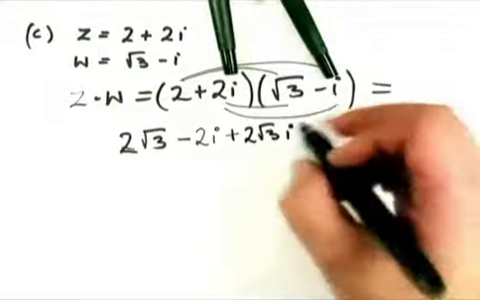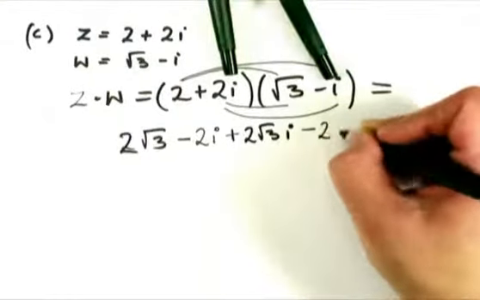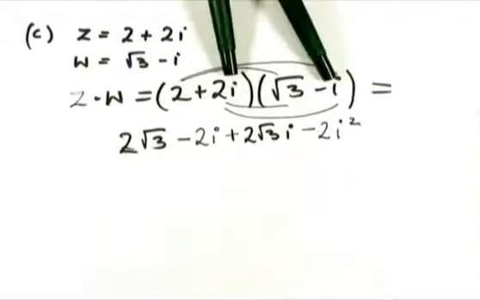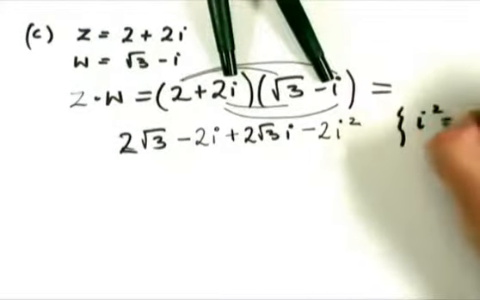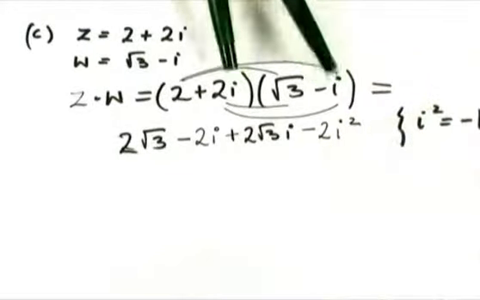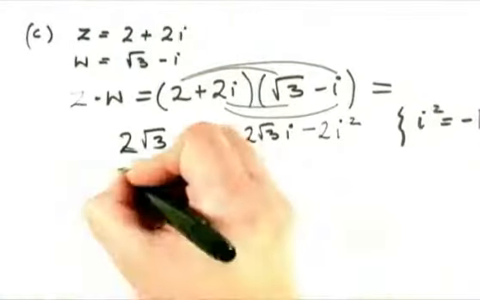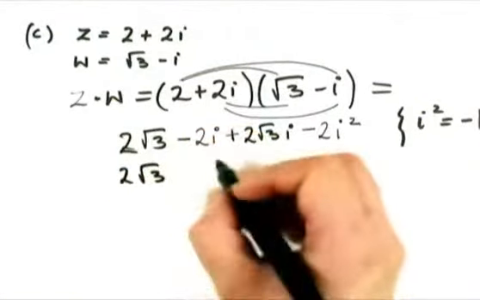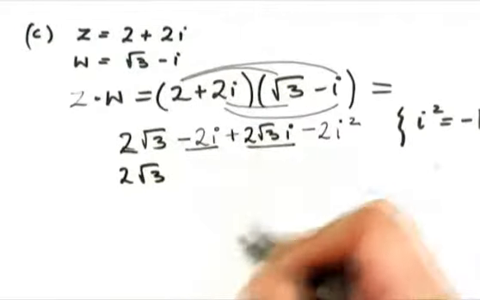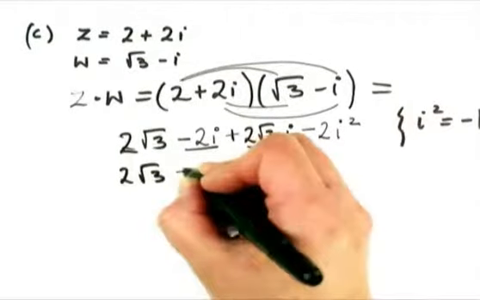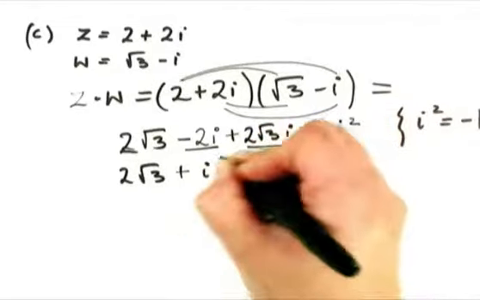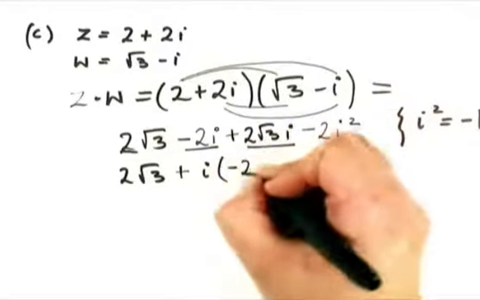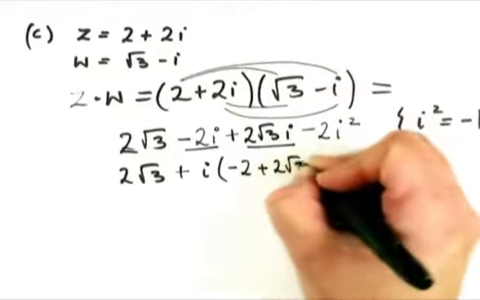So we have minus 2, and i times i is i squared. But now we know that i squared is negative 1, so we need to substitute this. So 2 root 3. From those two we can factor i out. So we have plus, i goes out, and it's going to be minus 2 plus 2 root 3.